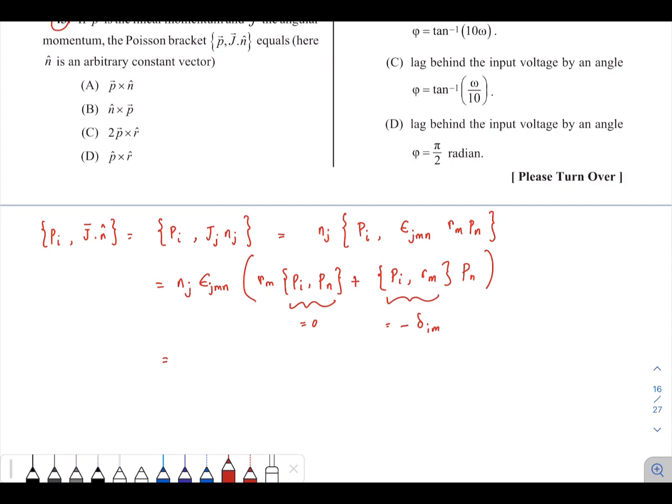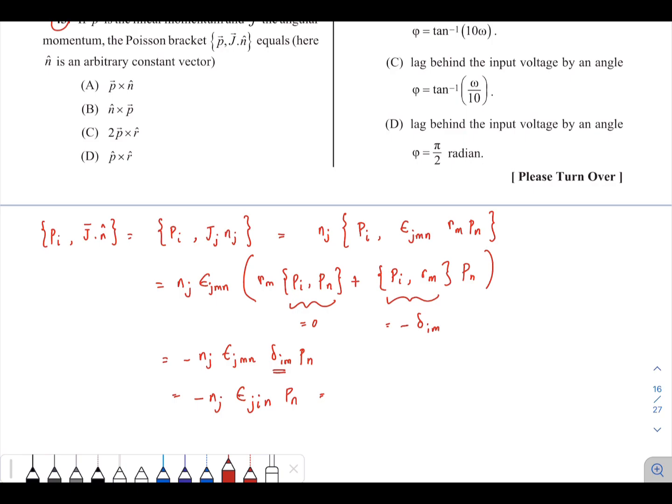Thus we have minus nj epsilon_jmn delta_im p_n. Use the delta function property to replace the index m by i. So that is equal to minus nj epsilon_jin p_n.